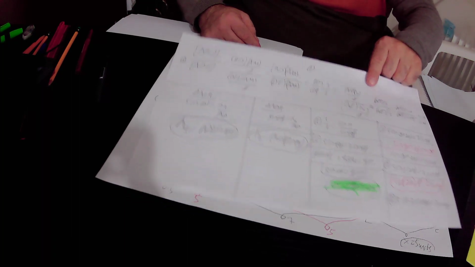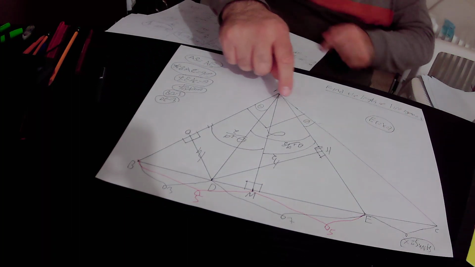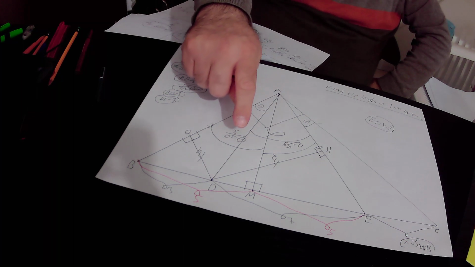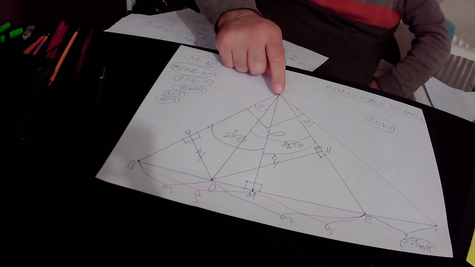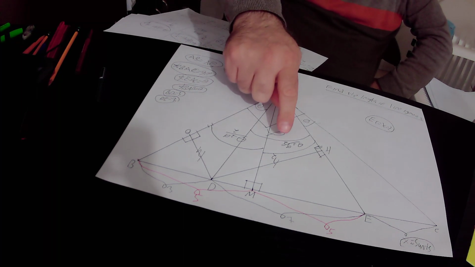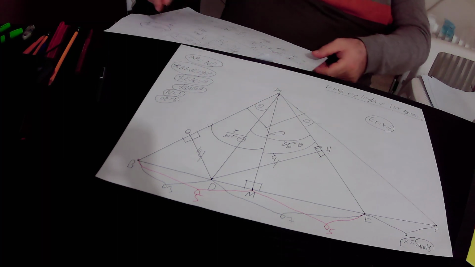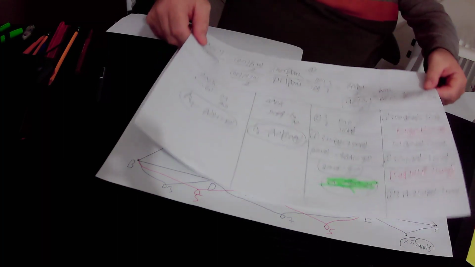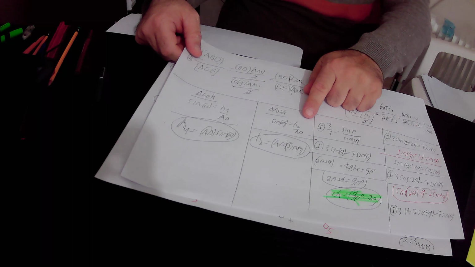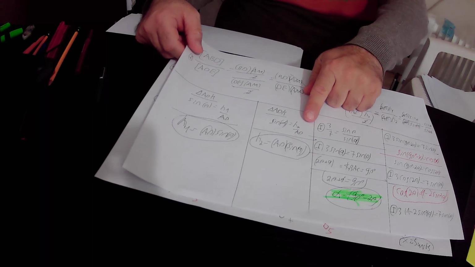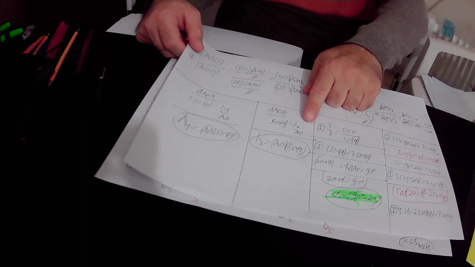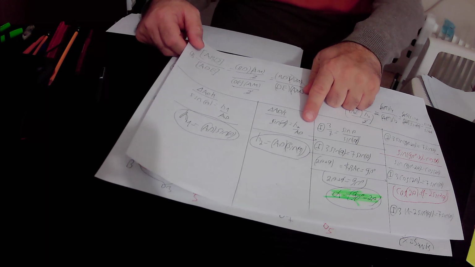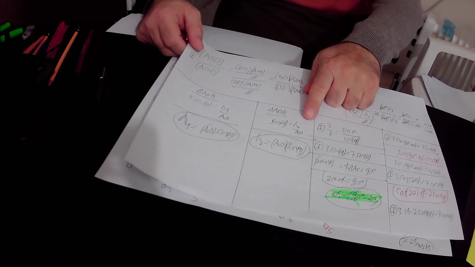Likewise, we calculated the value of H2. We focused on the right triangle ADK. Here, sine alpha equals H2 over AD. We multiplied this equation by AD and found out that H2 equals AD times sine alpha.